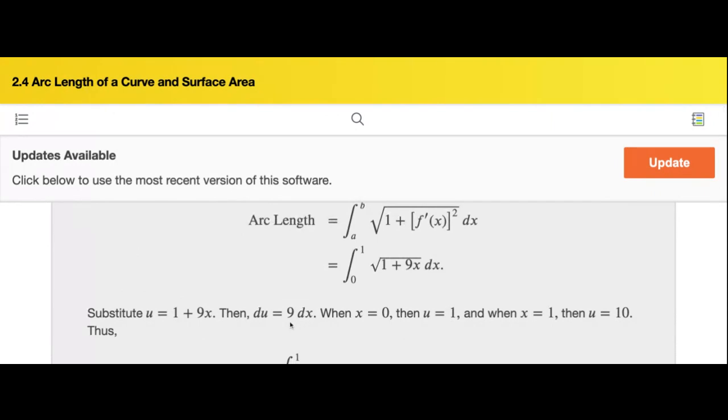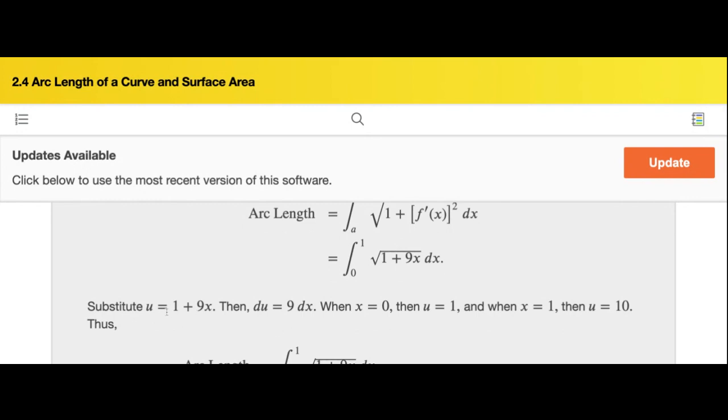Then we use the substitution method. Substitution, then power rule. So let u be 1 plus 9x, then du equals 9 dx, or dx equals du over 9. So when x equals 0, u equals 1 plus 9 times 0, which is 1.